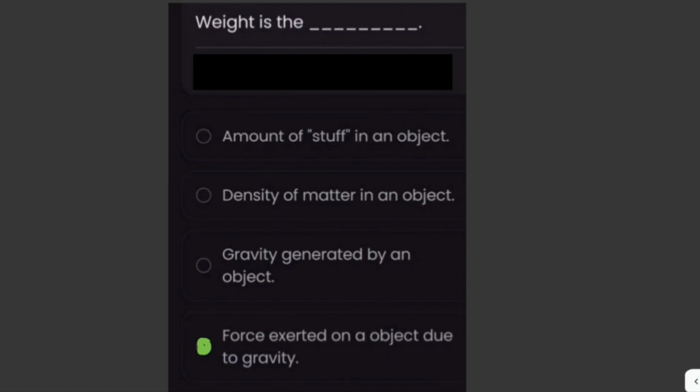The weight of an object is directly proportional to its mass, meaning that the more massive an object is, the greater its weight will be when subjected to the same gravitational field. The standard unit of measurement for weight is the newton in SI, or International System of Units.